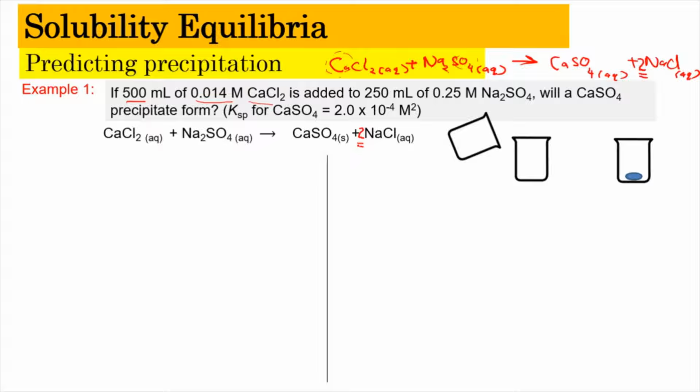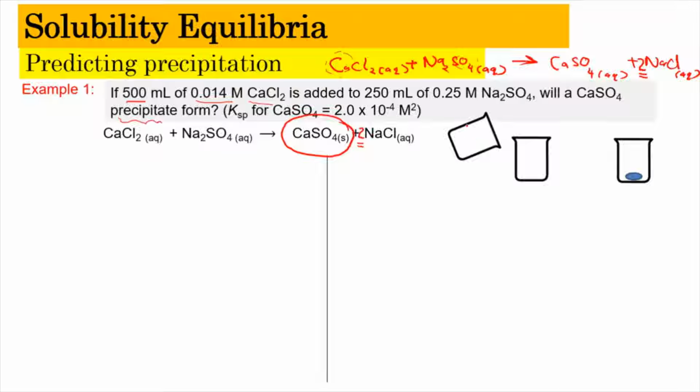Okay. However, what we are interested in is the salt of the calcium sulfate here. Okay, so we need to determine whether the calcium sulfate will be precipitated or not. Okay, so in order to further visualize this situation, you can imagine it to be something like this.